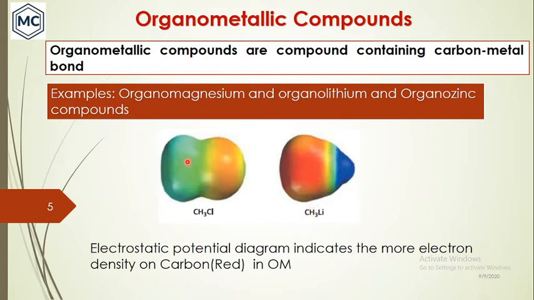The blue-green part means it is less electron dense, and the red part is more electron dense. In alkyl halide, the chlorine part is more electron dense and the carbon is less electron dense. Whereas in alkyl lithium, the carbon is red, so it has more electron density than lithium.